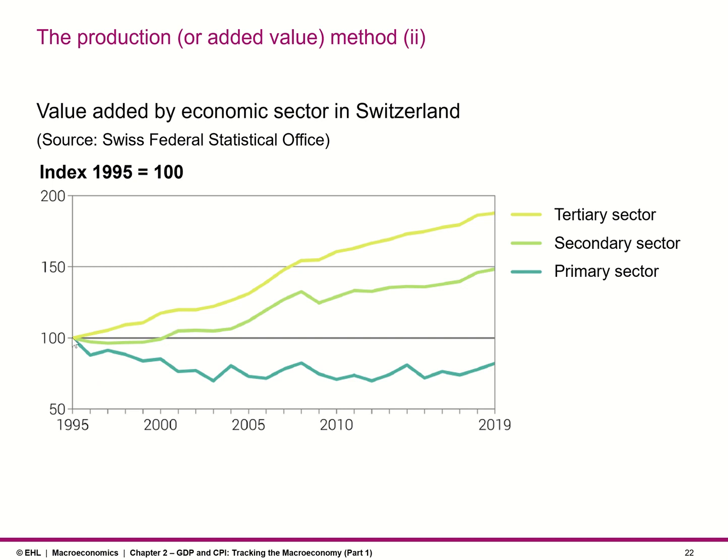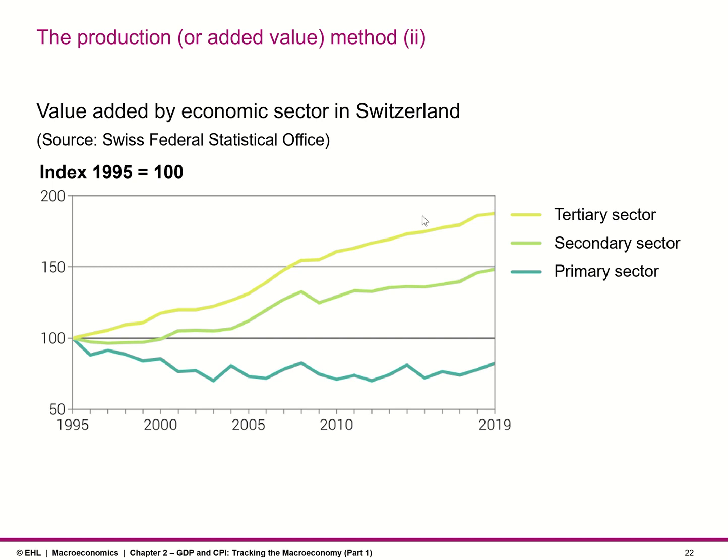So we start from 1995 and we compare the growth rate of the added value in each of these sectors. And we can see that in the primary sector, the added value has been decreasing and has remained at a much lower level than it was in 1995 in Switzerland, right? At the same time, the tertiary sector has exhibited very high growth in added value, and the secondary sector is in between.